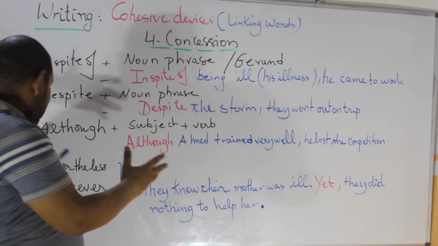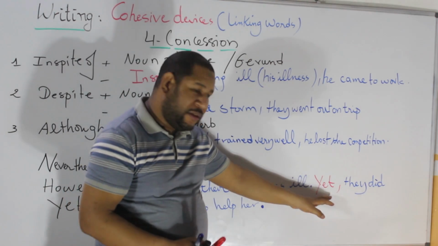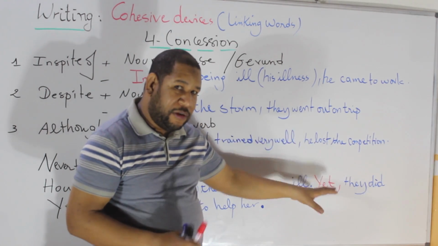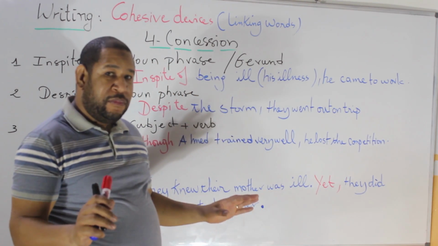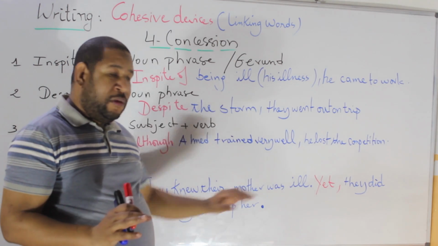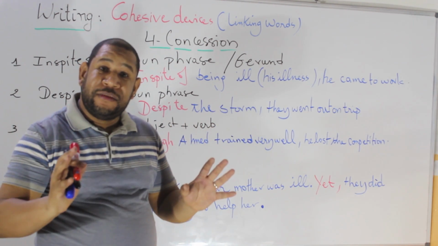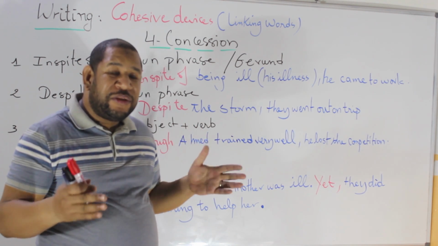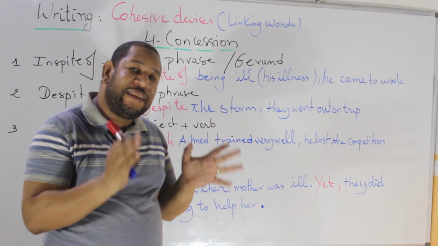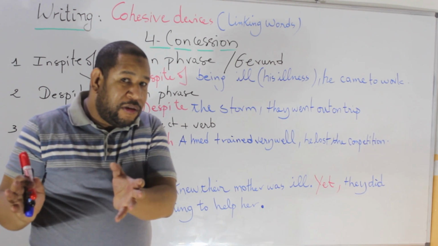For yet, we can have nevertheless, yet, or however. No problem. They are the same. Remember, all the time they come in the middle of a sentence. Some of them, especially however or nevertheless, we can have at the beginning of a sentence if it is the beginning of a paragraph.